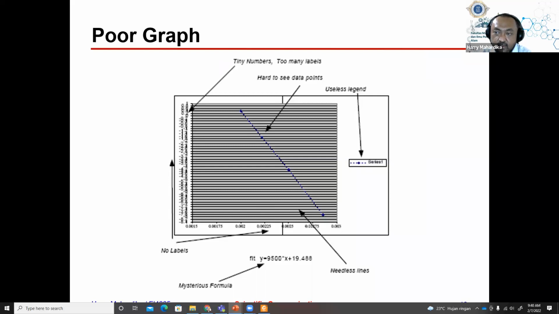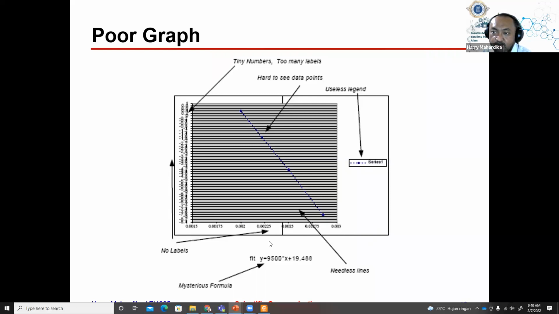sometimes we're lazy to make some arrangement in the article itself, and so the quality of the graph from the spreadsheet software is not that good. We can see here the quality of the axis.